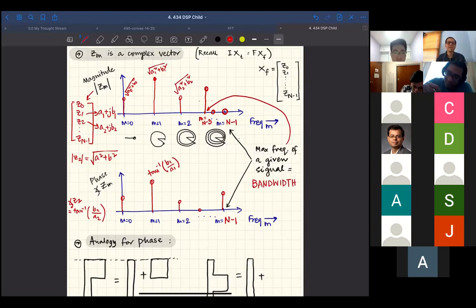Right? So whenever someone says this signal is of bandwidth 20 megahertz, Wi-Fi signals are of bandwidth 20 megahertz. That means if you take the Wi-Fi signal and you start with 0, the Wi-Fi signal will go up till 20 megahertz. Okay. 5G signals will go up to 1 gigahertz.